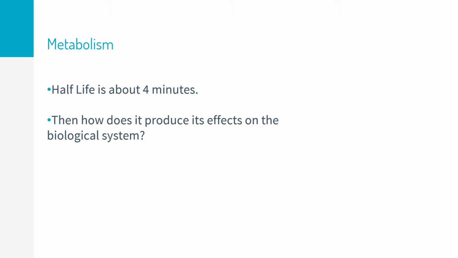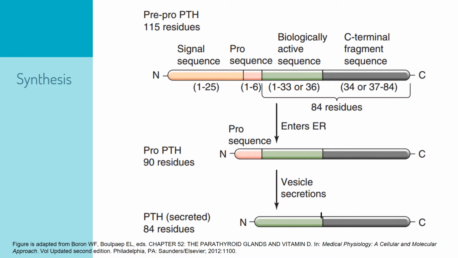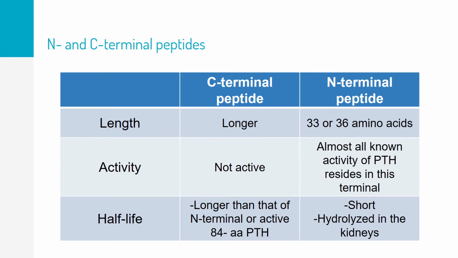If we want to know the answer, we need to have a look at the figure which I've shown you before, because the answer lies there in the N and the C terminals of the parathyroid hormone, as you can see here, this N terminal and this C terminal. Let's look at the properties of each of these terminal peptides.